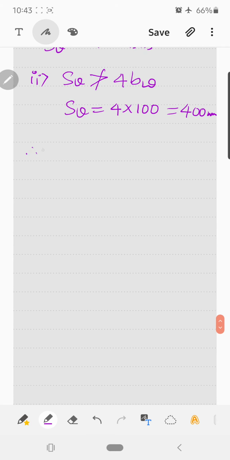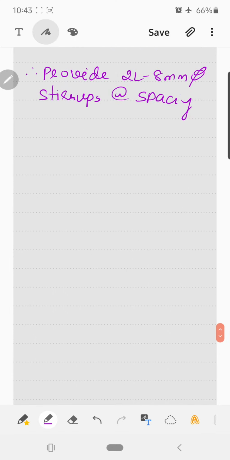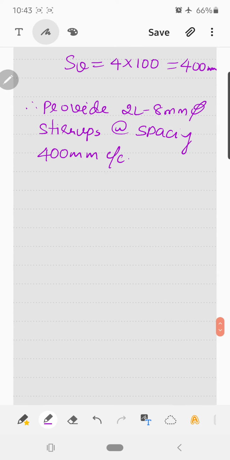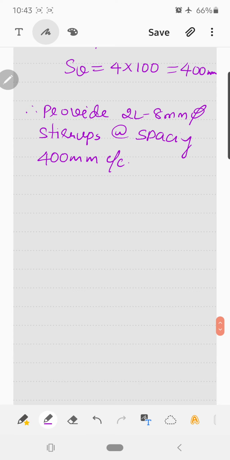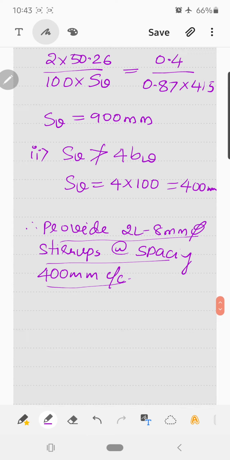Therefore provide 2-legged 8 mm stirrups at spacing 400 mm center to center, or even you can limit it to 0.75 dt also, but no problem. With this you can take spacing of 400 mm. So provide 2-legged 8 mm diameter stirrups at spacing 400 mm center to center. So this is the design for the problem.